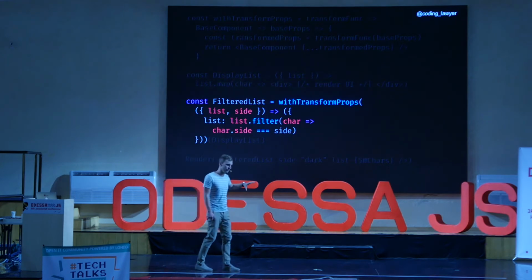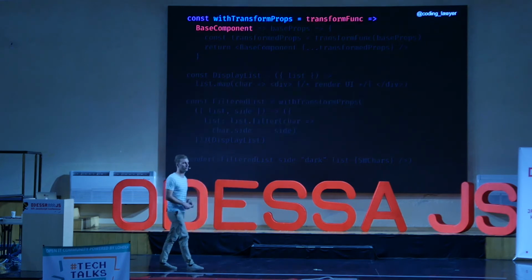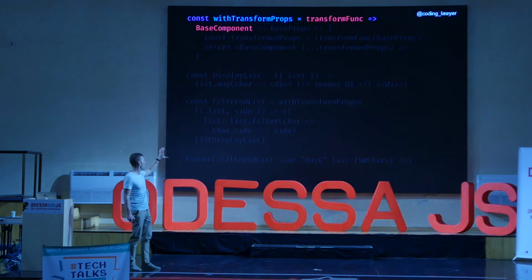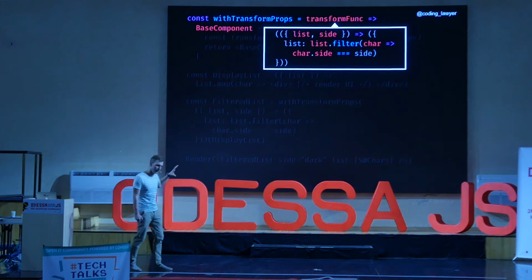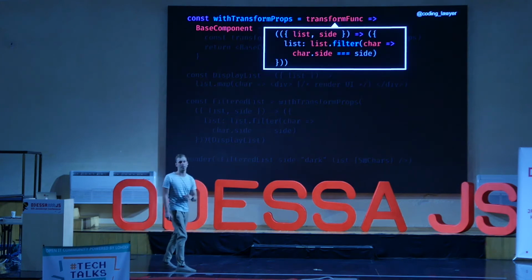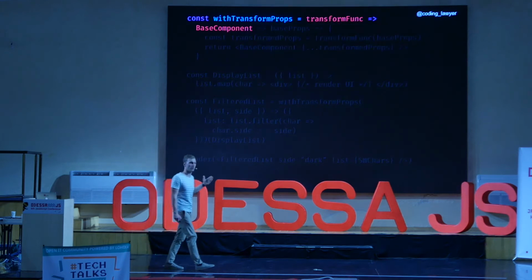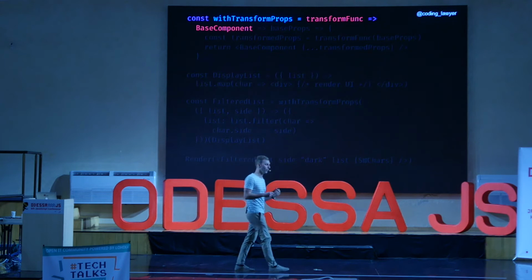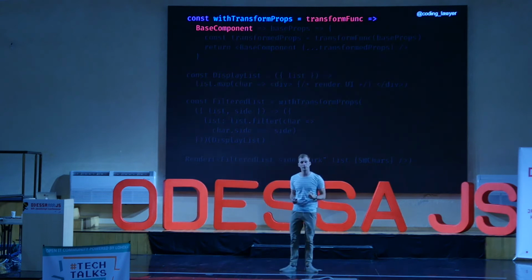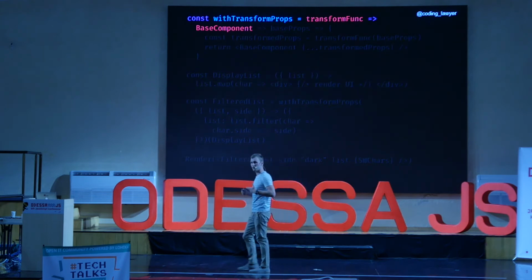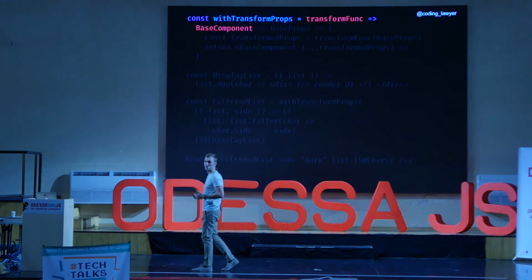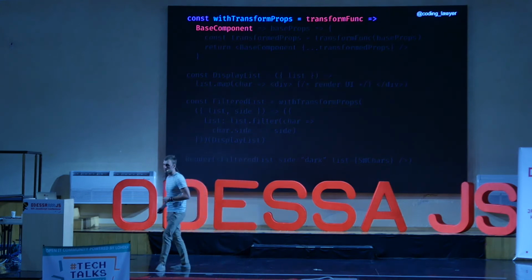So we take this function and pass it to withTransformProps. Now we have the transformation function inside the closure, so we can access it later. And we get back a so-called configured higher order component. It's a higher order component that has the configuration function inside the closure, and it is waiting for the base component.